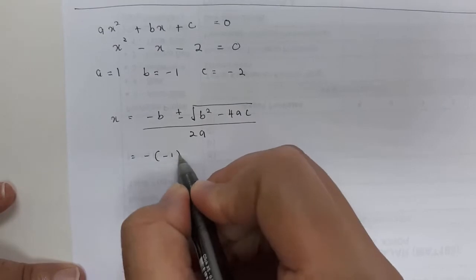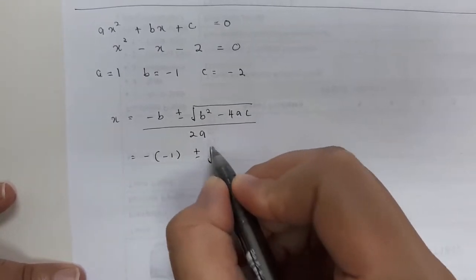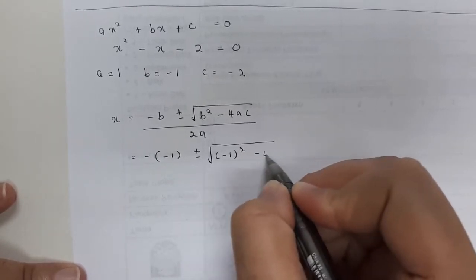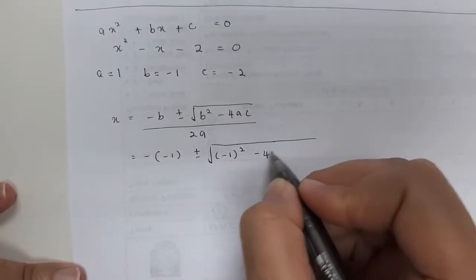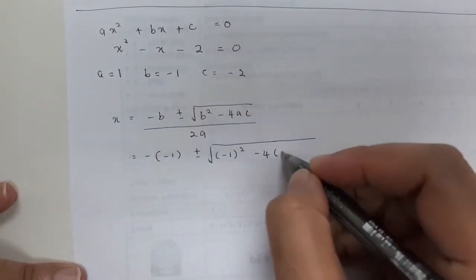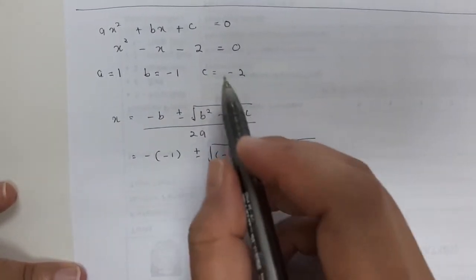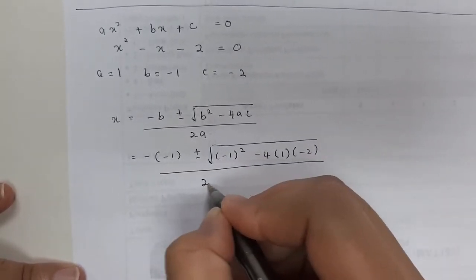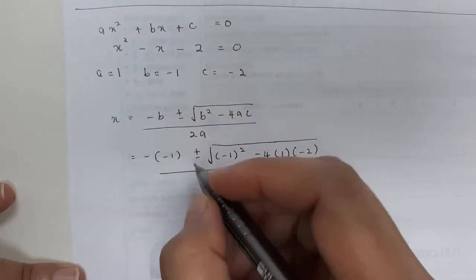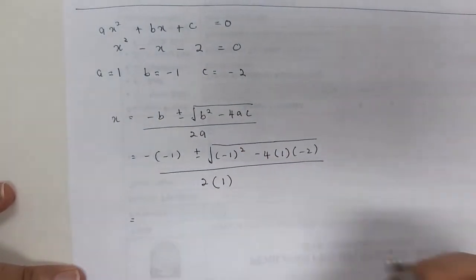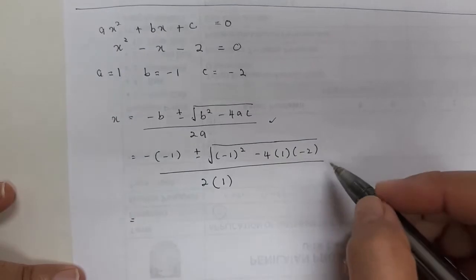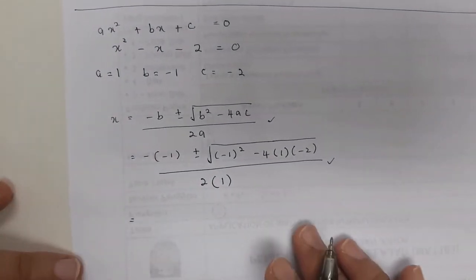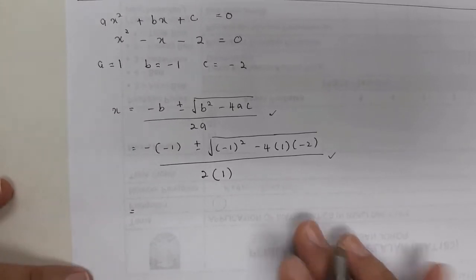So negative 1 plus minus square root b square, negative 1 square, minus 4 multiplied by a. Our a is 1, multiplied by c. Our c is negative 2. Everything over 2 multiplied by a, and our a is 1. Okay, we have written down the formula, substituted the values, and now let's try to simplify so that we can find the values of x.